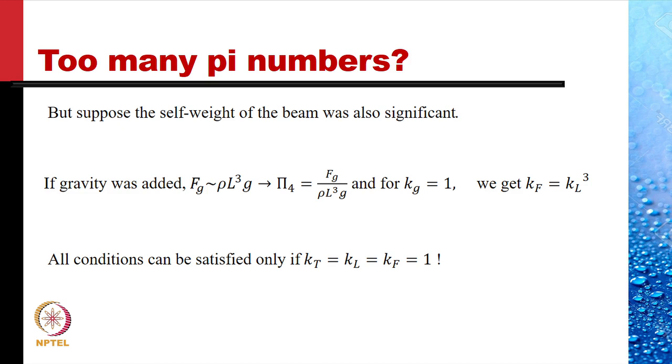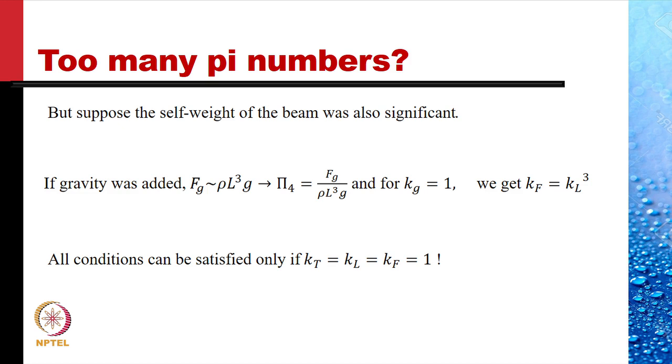But suppose the self weight of the beam was also significant. Then the weight would come into picture, and the gravity force Fg, which is like the volume times g, rho L cubed times g, gives you a fourth pi number Fg divided by rho L cube g.